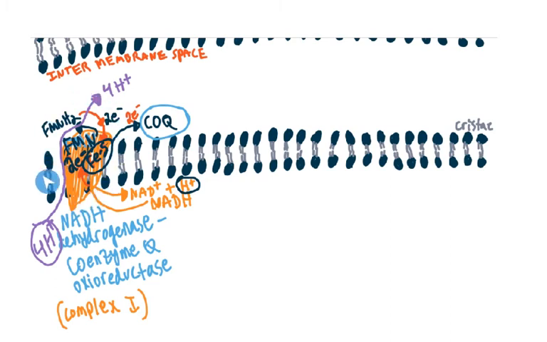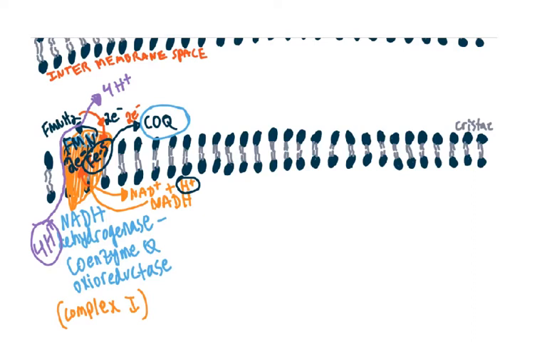Everything here is happening inside this complex 1. Then the 2 electrons in the iron sulfur clusters were finally transferred to coenzyme Q, which is not made of protein and is a mobile coenzyme. Let's see what happens next.